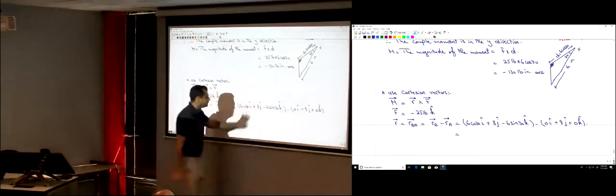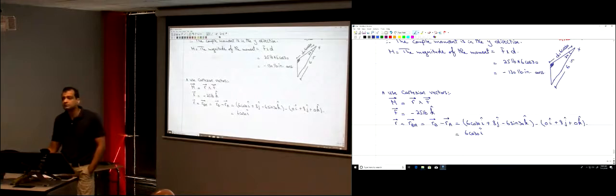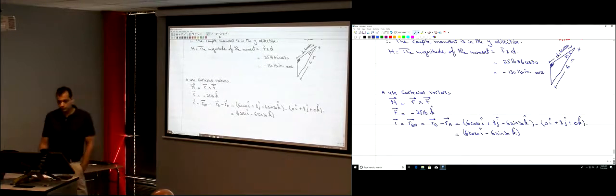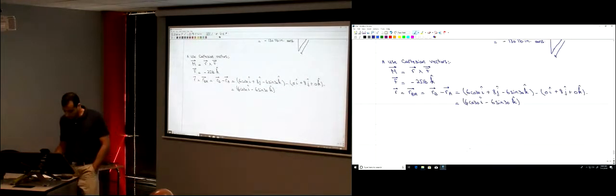This one minus this one, so it's 6 cosine 30. 8J minus 8J, 0. 6 sine 30K minus 0K, so minus 6 sine 30K. That's R. So now we just want to find M.